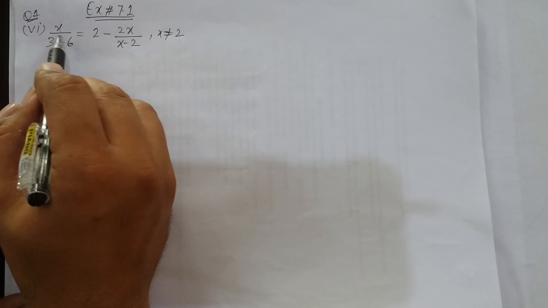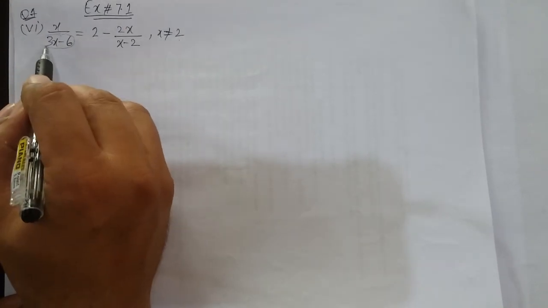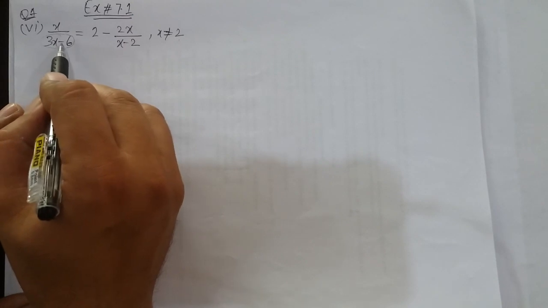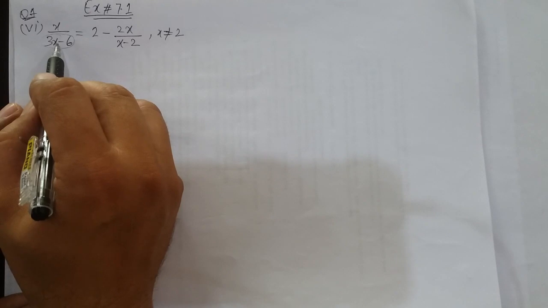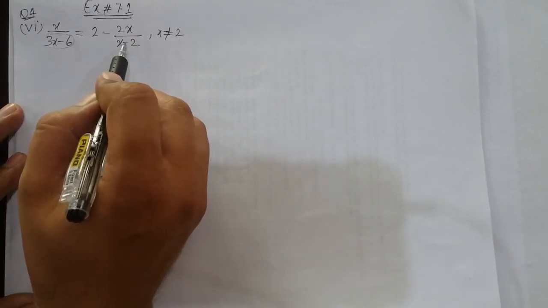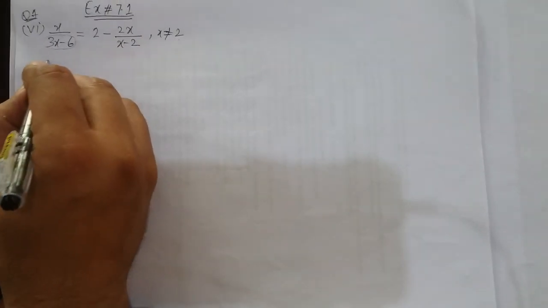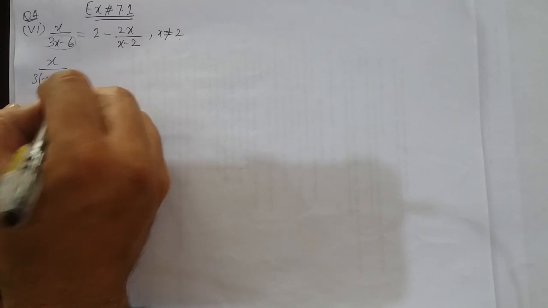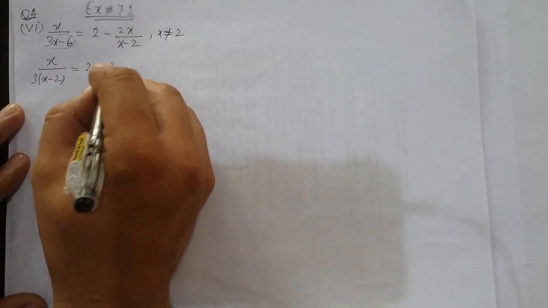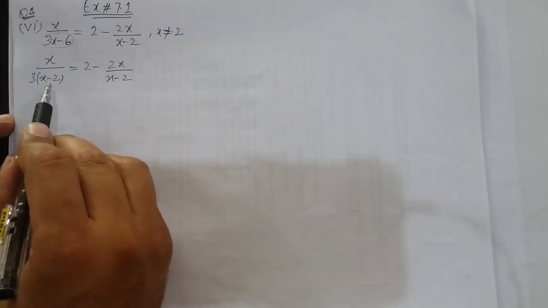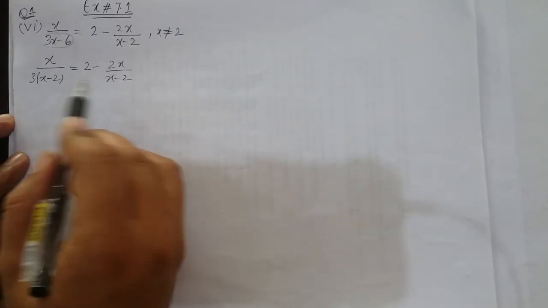If you observe the denominator of first term, there is 3 common in this denominator. If we take 3 common, then we will have x minus 2 as it is in the denominator of third expression. So I will write it as x over 3 into x minus 2 is equal to 2 minus 2x over x minus 2. So these two values now are same.